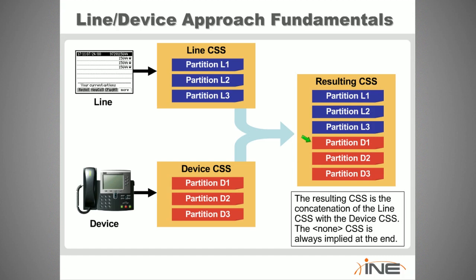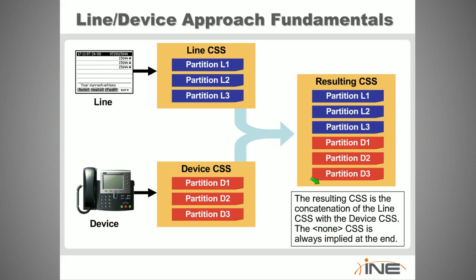However, if D1 matches the pattern I dial, let's say 911, and L1, or even let's say L3, also matches the pattern of 911, then if they are a direct tie, if they both equal the same number of potential patterns, maybe they're both 91X and 91X, or 911 and 911, they're both equal matches, then the line L3 partition will take precedence because of the ordering of the partitions within the resulting concatenated CSS.